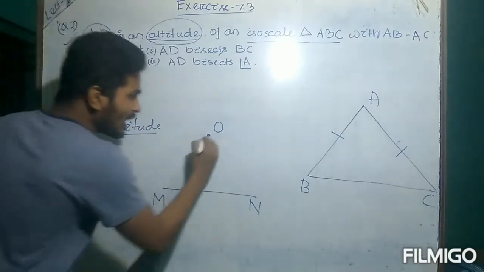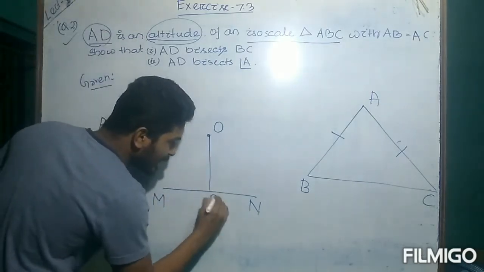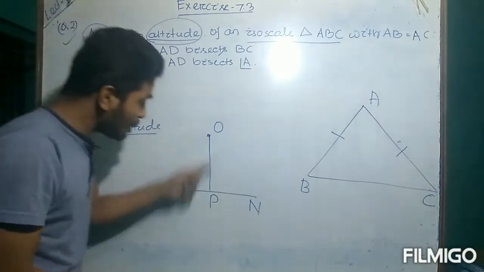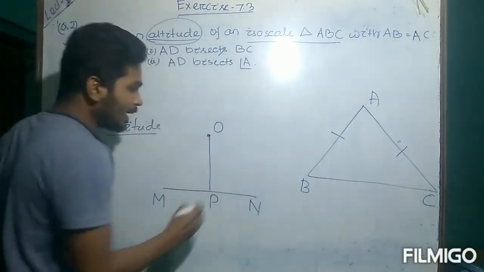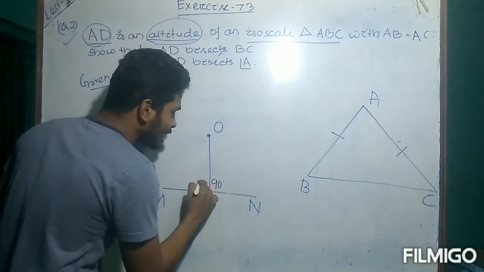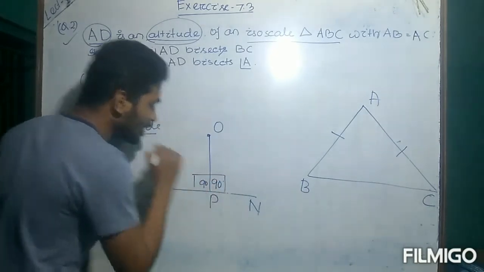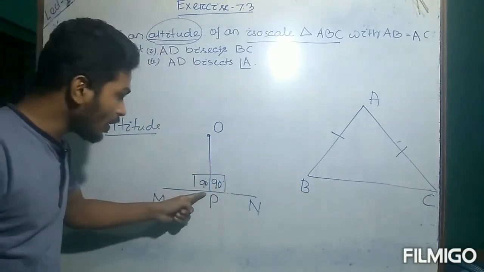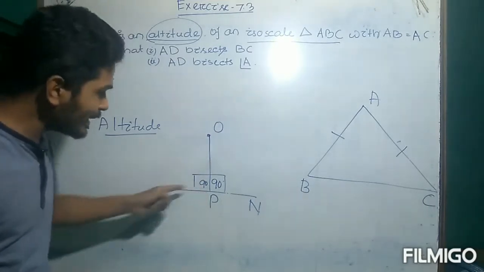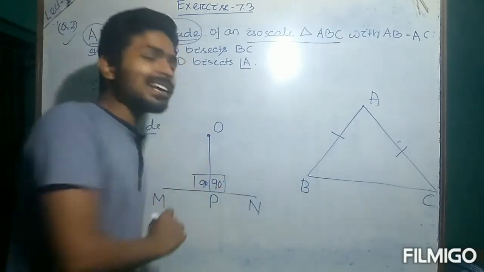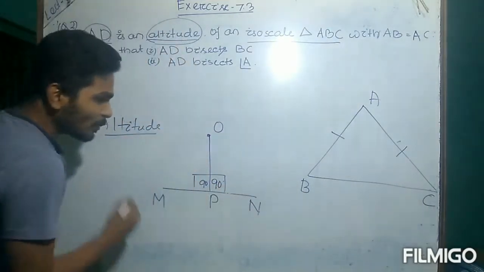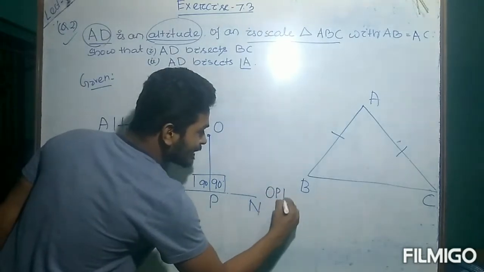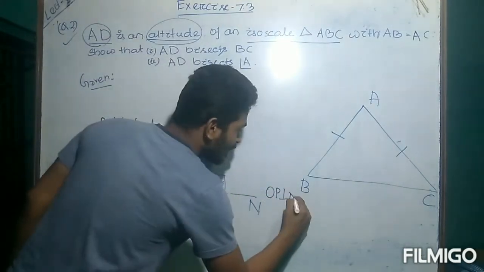Now, if we draw a line OP such that OP intersects MN at an angle of 90 degrees, then we can write OP is perpendicular on MN.